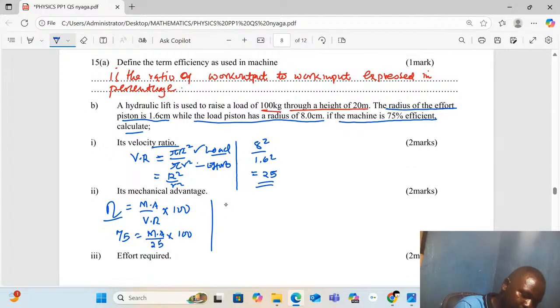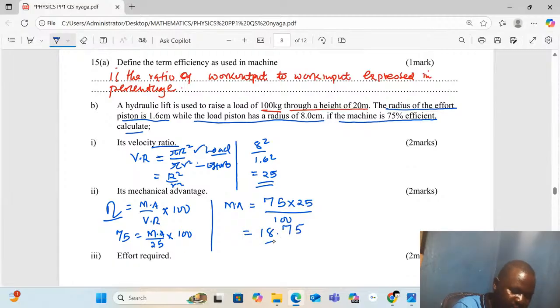Making M the subject of the formula, we shall cross multiply and divide through by 100. So it will be 75 times 25 divided by 100. And in this case, we shall land at a figure of 18.75.